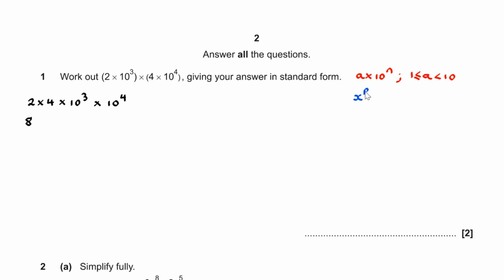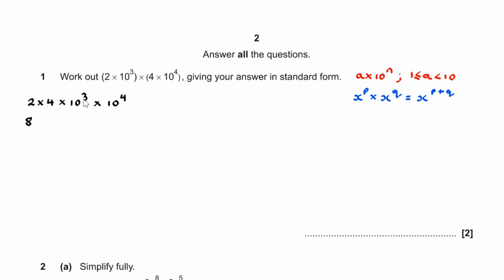x to the power of p times x to the power of q is the same as x to the power of p plus q. When we have the same base number and we are timesing, we add the powers. Here you can see we've got the same base number of 10.